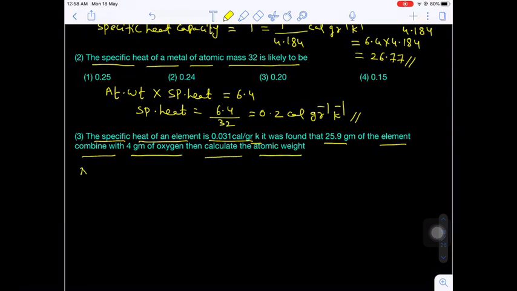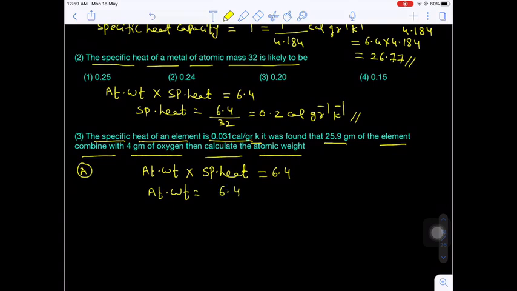Now here, atomic weight multiplied by specific heat is equal to 6.4. So the atomic weight is 6.4 divided by the specific heat given to you, 0.031.